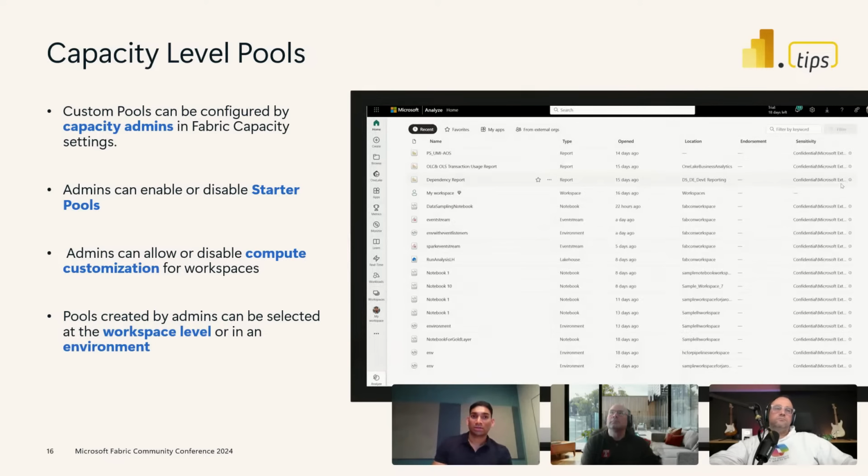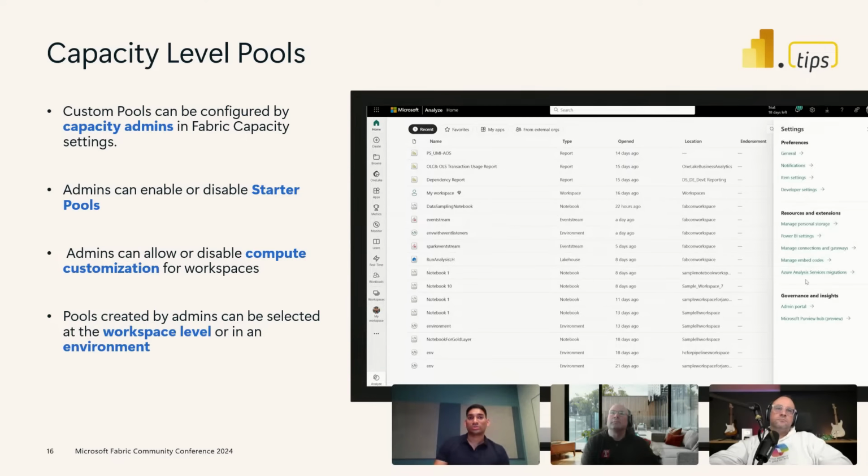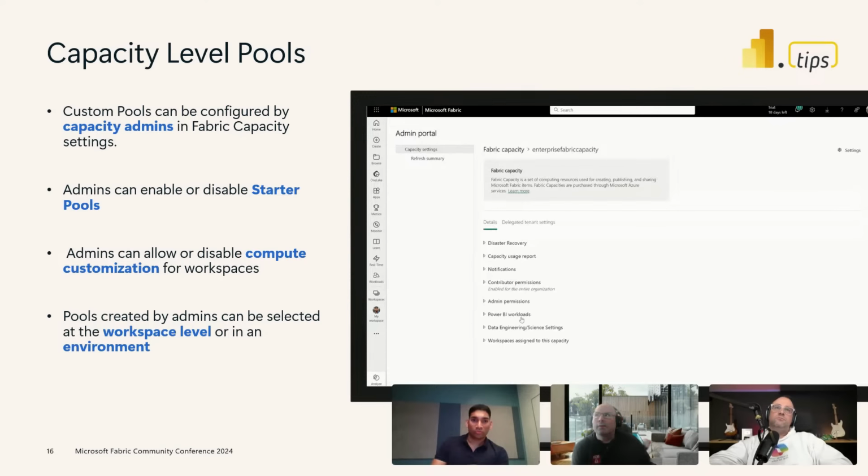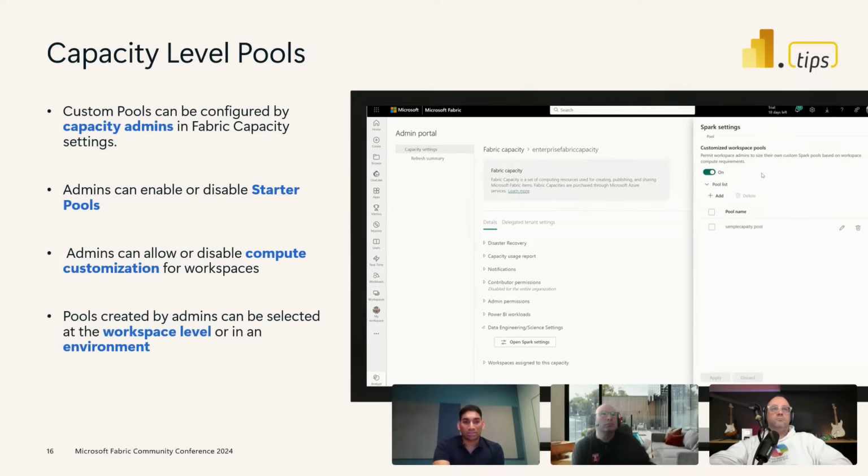So it gives complete controls on the max number of cores each job could scale up to, more from a spend control perspective, and also managing the concurrency across different jobs, or if they're trying to create pools for different sets of workspaces.